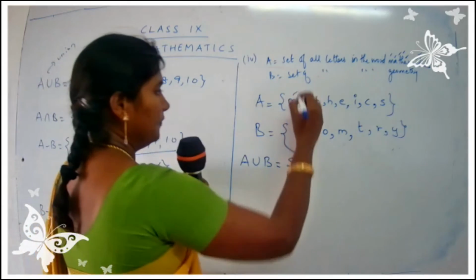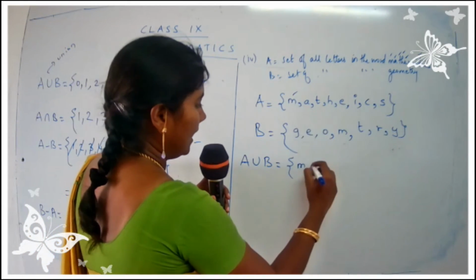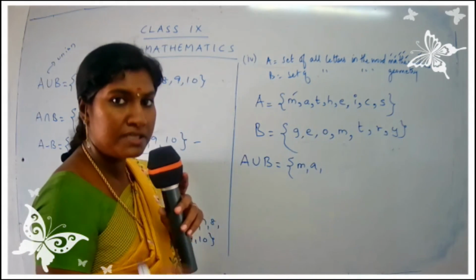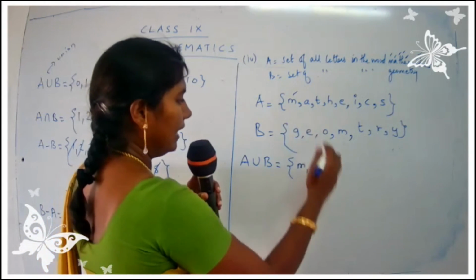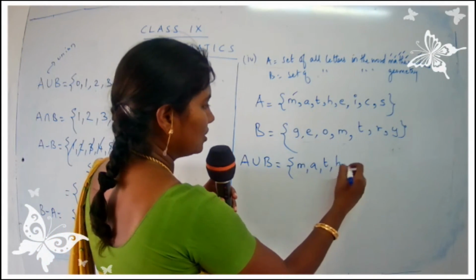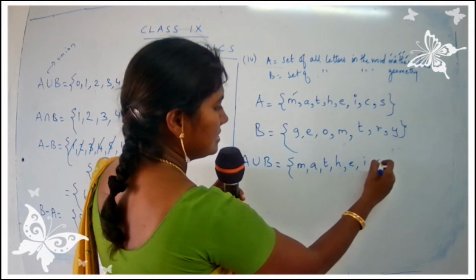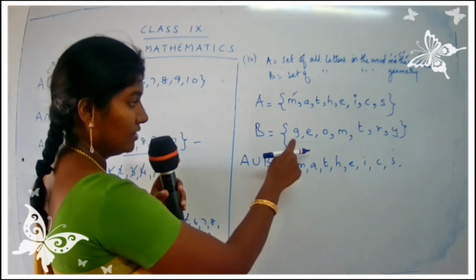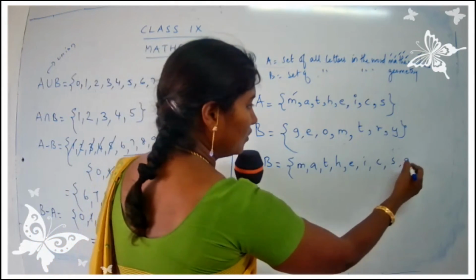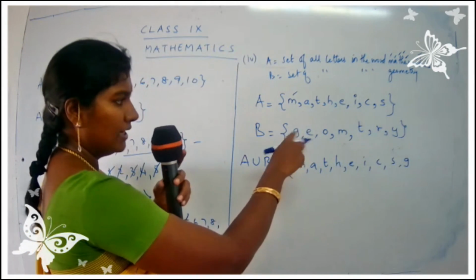First I'll write M. A union B means A and B together. So M, A, T, H, E, I, C, S. I have taken all of A. Let's go for B. G I can take because G is not there in A. Yes, children? It is not repeated.